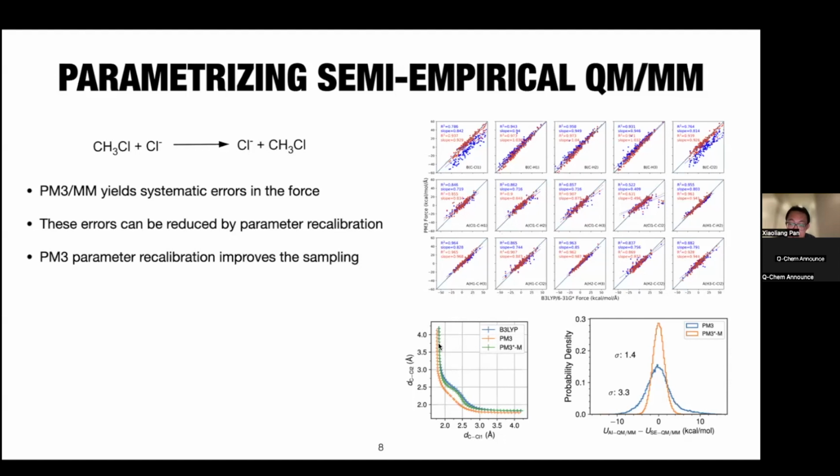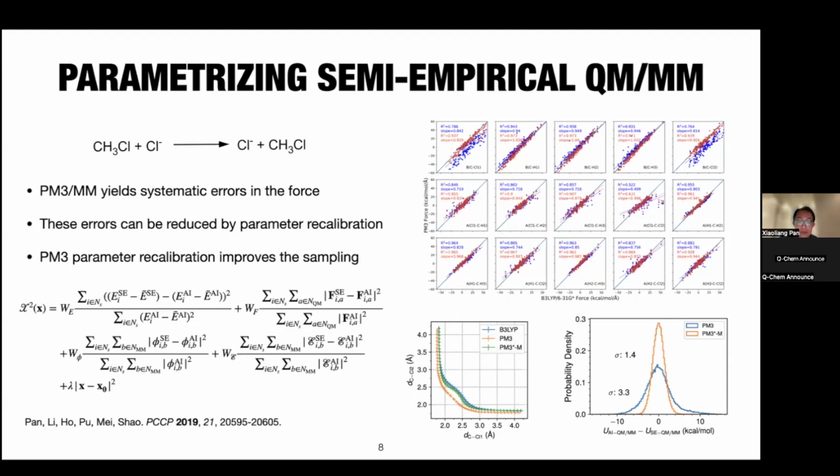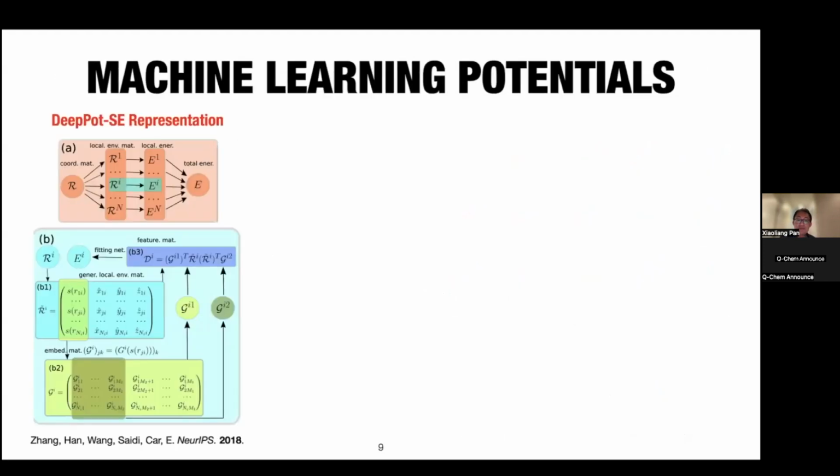Also, in terms of the reaction pathway, the error distribution in energy are all improved just by doing the reparameterization. And this is the loss function we use. As I mentioned, there are energy, force, also electrostatic potential and the field on the MM sides. These are all optimized together.